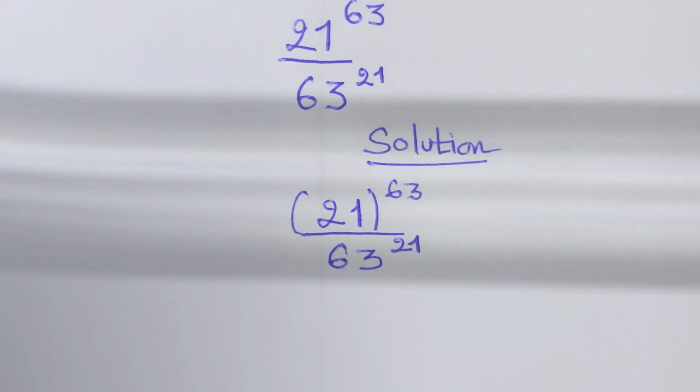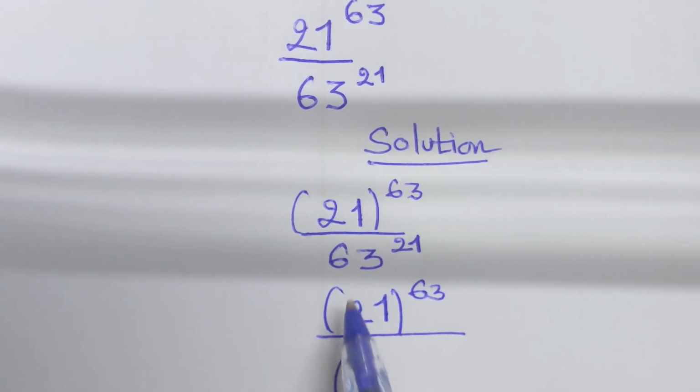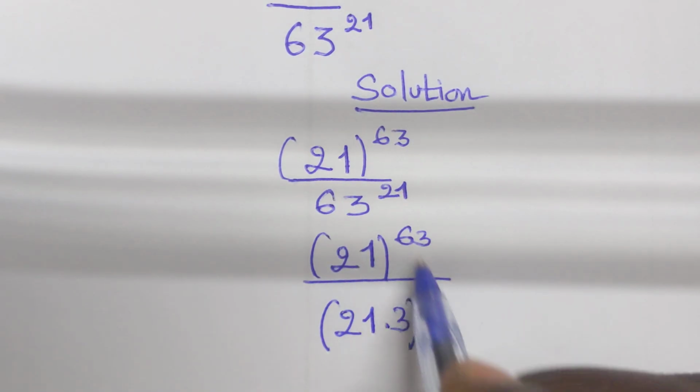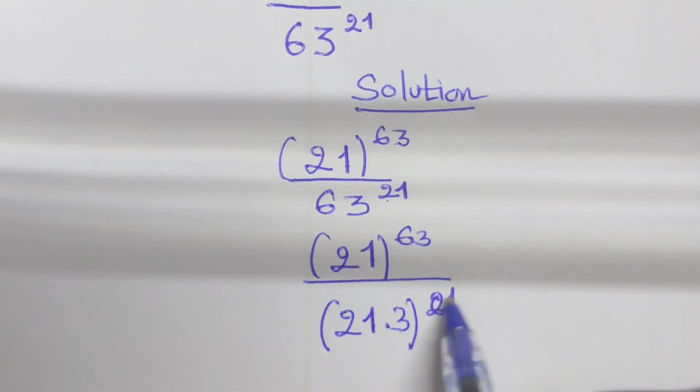Okay, here we have 21 power 63 over this 63, which can be equal to 21 times 3, power 21.